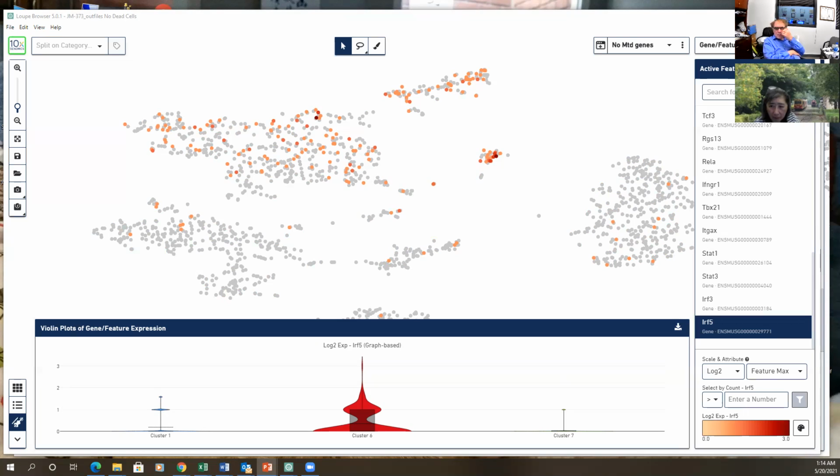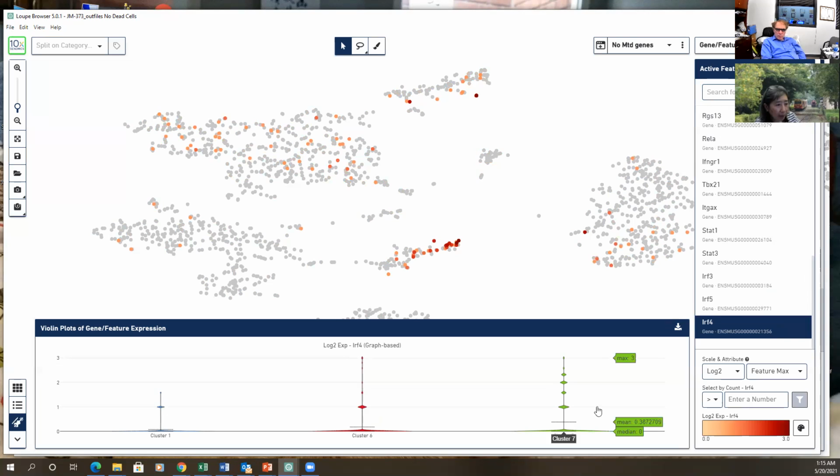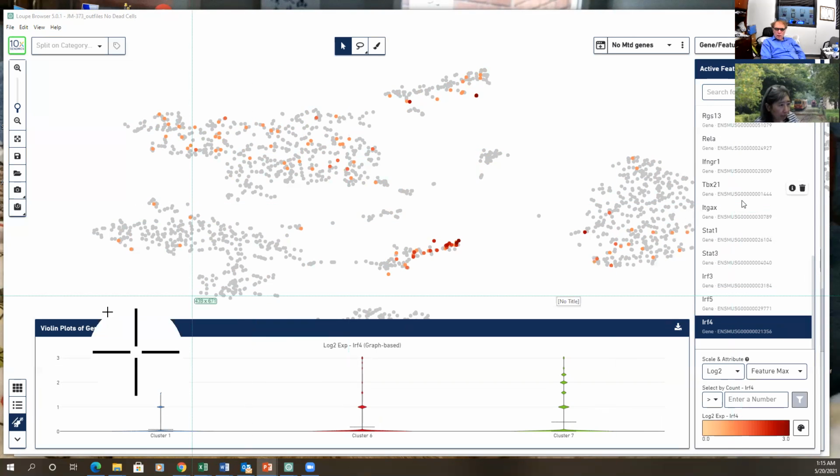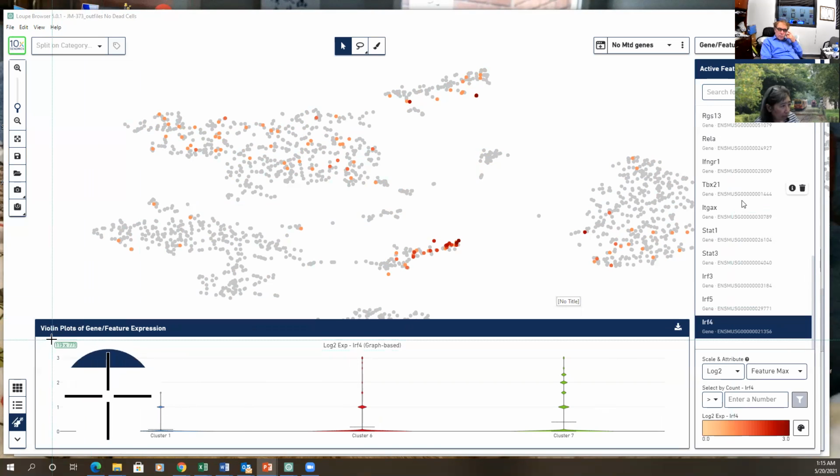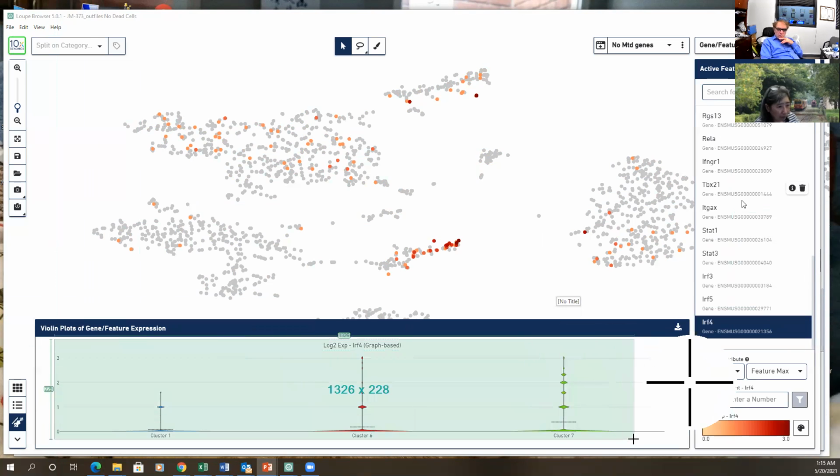What about 3, 5? We can still do 7. What about 4? It's not there. Oh, yeah, so that is cluster 7. What about IRF8? Anyway, cluster 7 is little IRF.